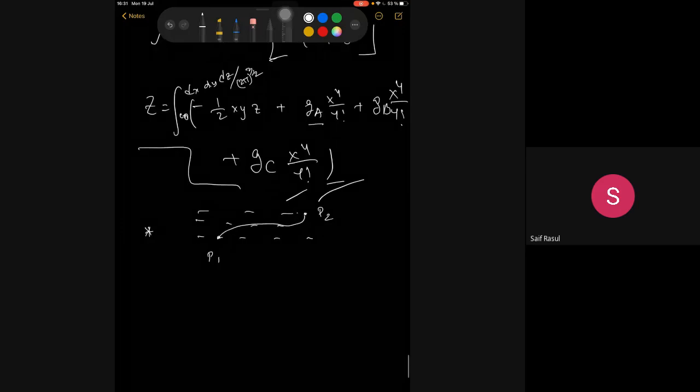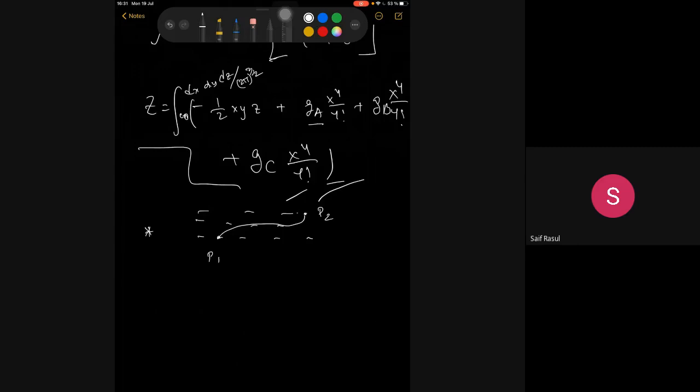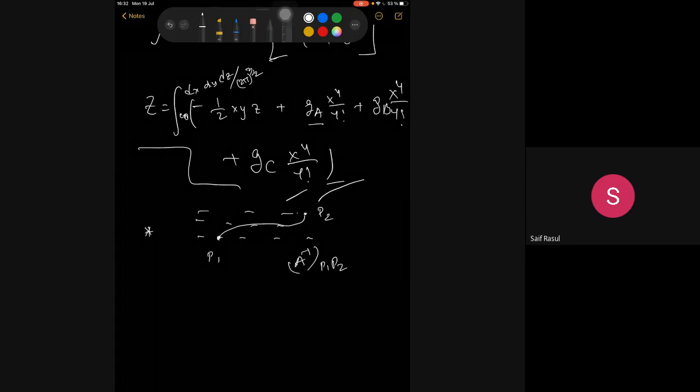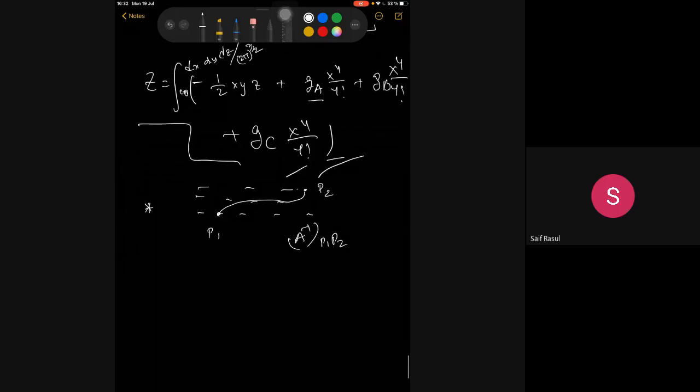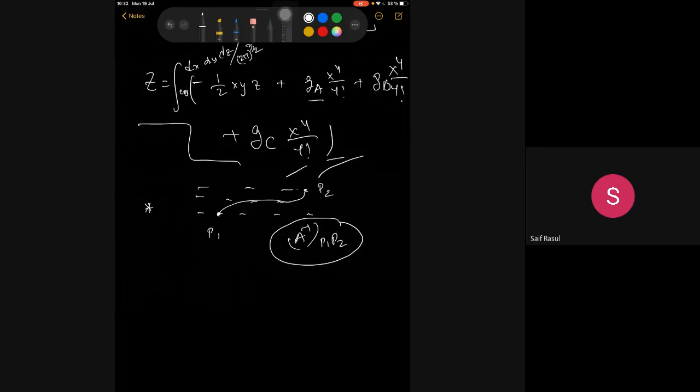They consider them as fields, and in space you have an infinite number of points, and what connects different points is called a propagator. So P1 and P2, it's just A inverse of P1, P2. It's just the propagator connecting these 2 points. This is what physicists do in quantum field theory. They describe the propagation from this point to here. These are basically particles in space.